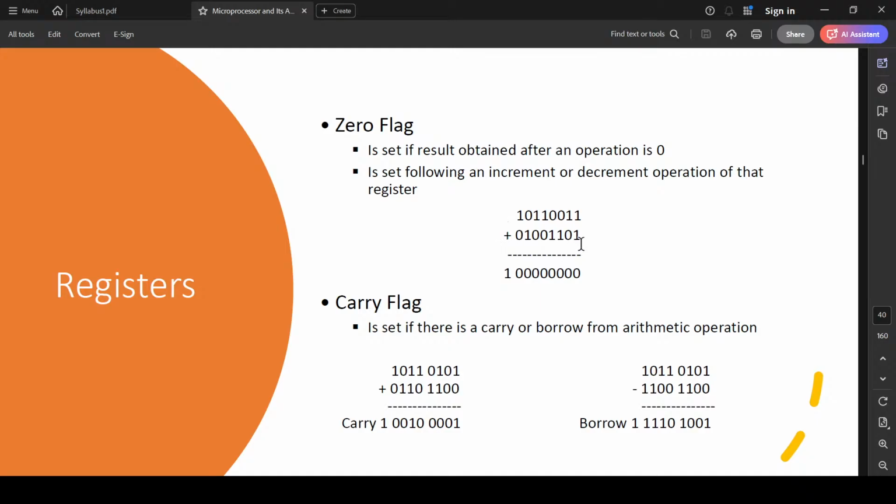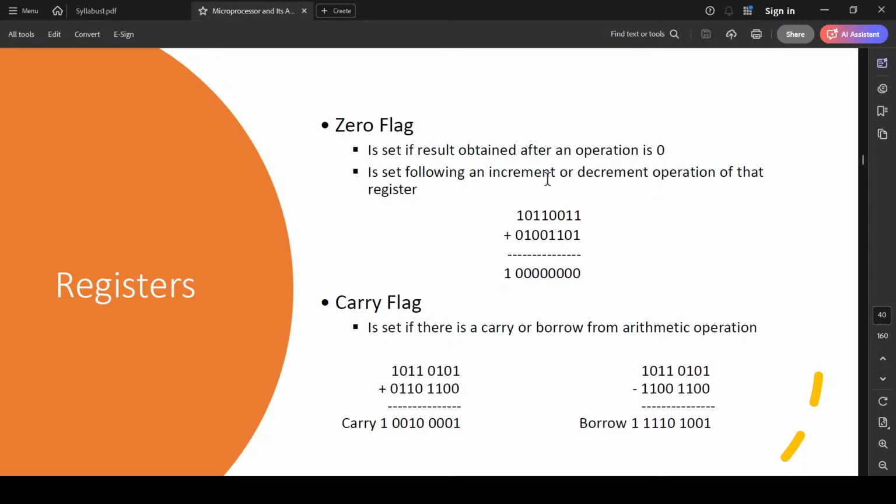For example, 1 1 0 and the carry is 1. So 1 1 0 and similarly the answer is all zero. So the zero flag, zero means is everything zero? Yes, sir. It's everything zero. So it sets to one. So one means every other bit is zero.